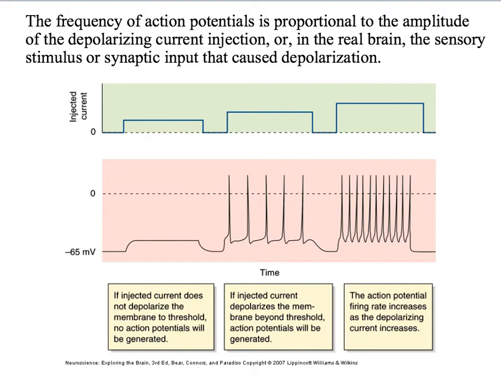And as you see on page 106 of your textbook, different types of neurons have very different firing patterns depending on the type of ion channel and the distribution of ion channels in those neurons. So that you have some neurons that will have rather steady firing rates, in response to a steady depolarizing current.